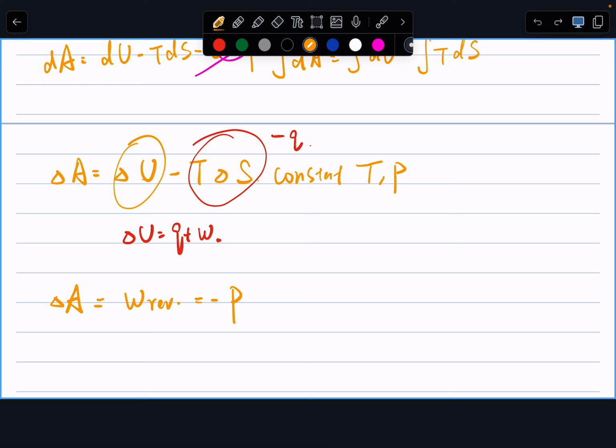Constant pressure, I take it out, just negative P delta V. Or actually, let me not skip any steps, just in case. Negative PdV, constant pressure, you take the pressure out, you get negative P delta V. And now with the density of the water, you can calculate what delta V is, and thus calculate our delta A.